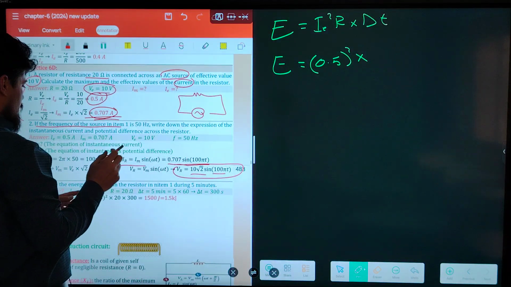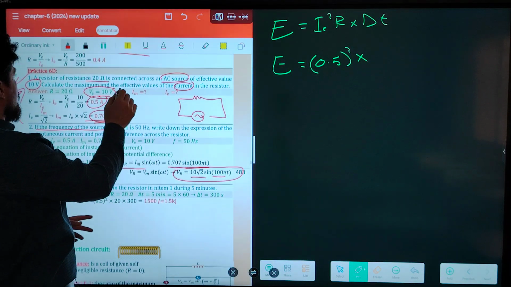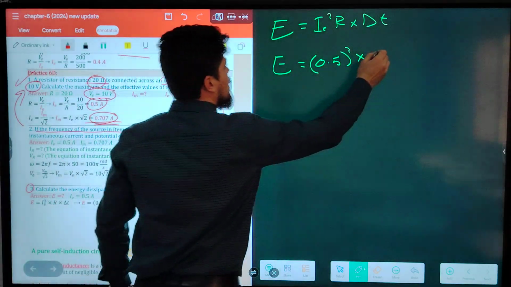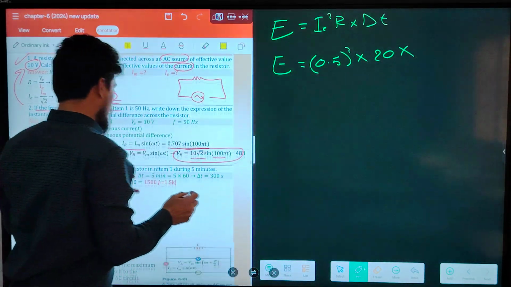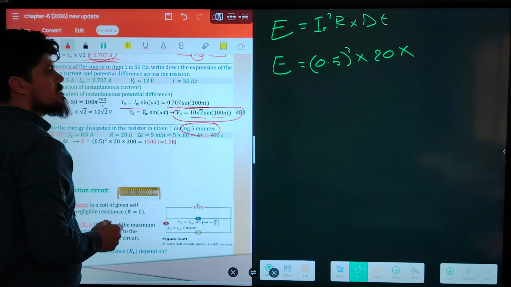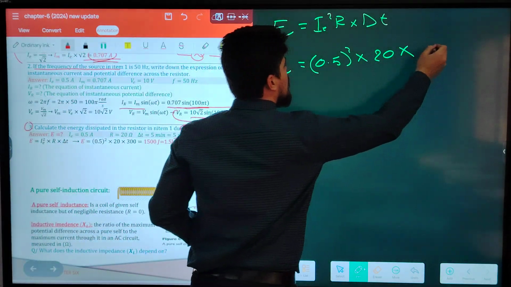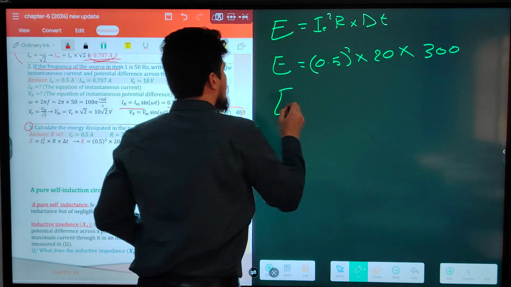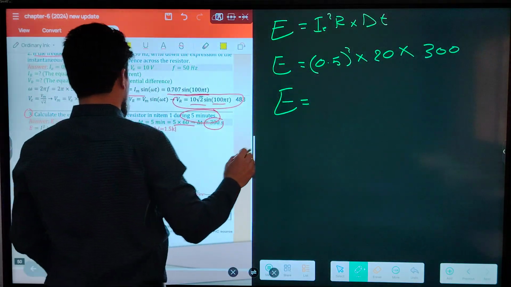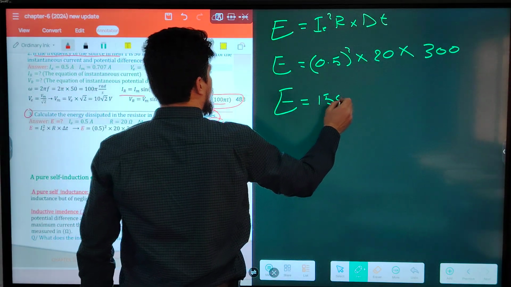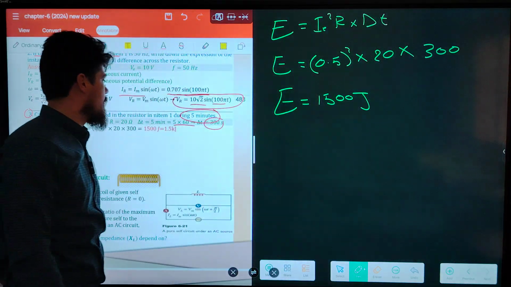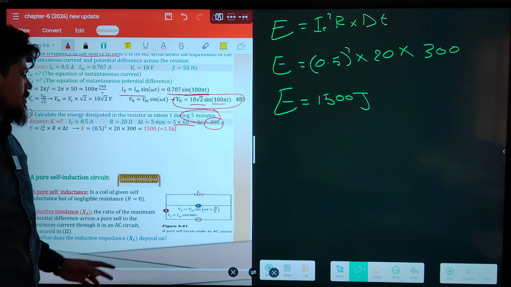Resistance? Yeah, we have to use the same resistance in question 1, 20. Time, in how many minutes? 5 minutes. 5 minutes is equal to what? Time is 300 seconds. Energy dissipated in this resistor is equal to 1500 joules or 1.5 kilojoule.